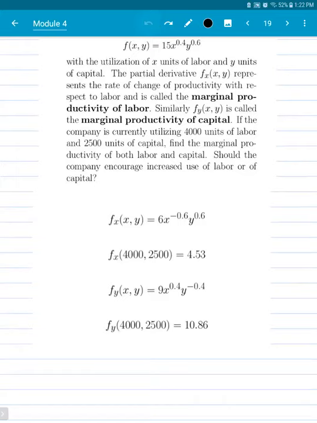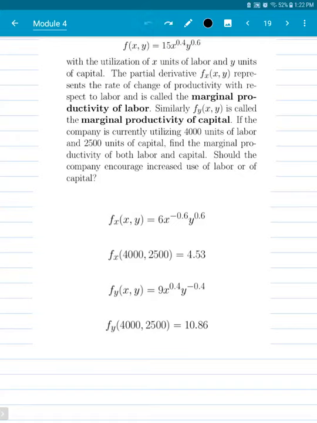This tells us that on average, or approximately, that's more accurate, 4.53 units in the overall productivity will be added, or the productivity will increase approximately by 4.53 units per unit increase in the labor.